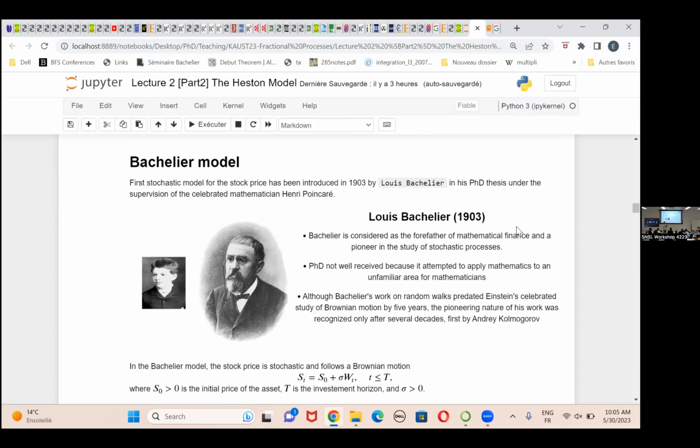You have Ito's formula, and you have PDE methods that are quite strong. In the non-Markovian, non-semi-martingale model, you lose both Ito's formula and the PDE representation.